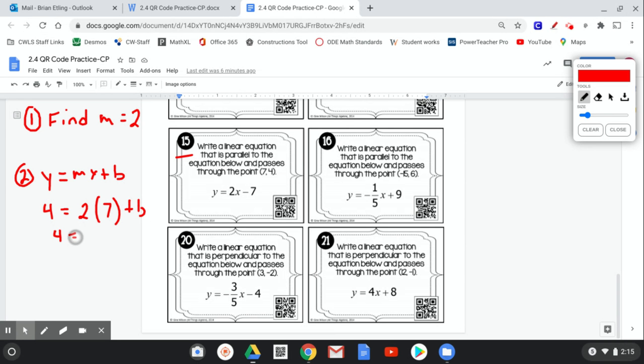So we're going to get 4 equals 14 plus b. Subtract 14. All right. And when we do that, b is going to equal negative 10. And then the last step we do is to write the final equation, which would be y equals 2x minus 10. Okay. So you're going to do that for these last ones, okay?